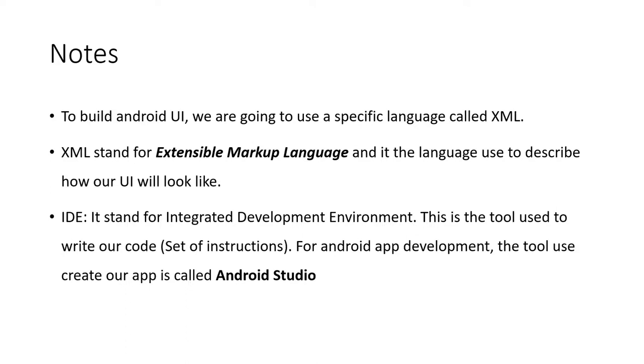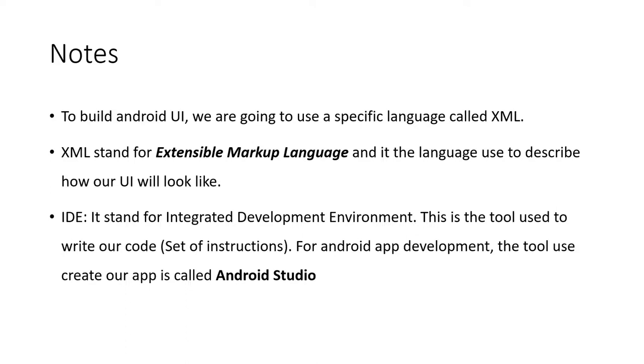To write our XML code, we are going to use a tool generally referred to as an IDE. IDE stands for Integrated Development Environment. This is a tool used to write our code. Code is a set of instructions. For Android development, the tool we are going to use is called Android Studio.